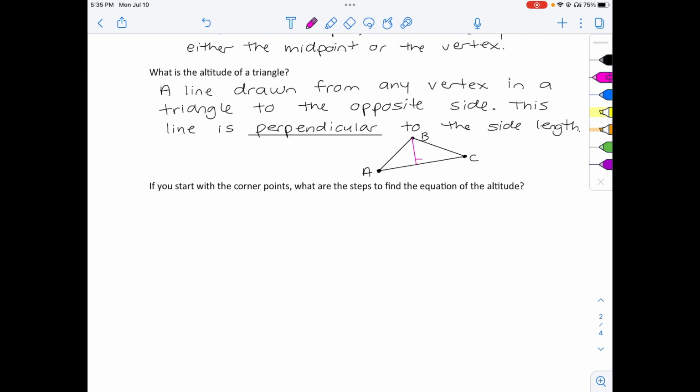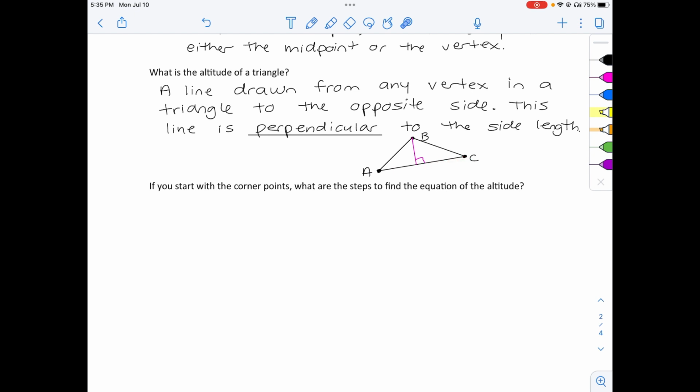If we were to kind of show here, this makes a 90-degree angle. You can kind of see, obviously my diagram is not super exact, but you can see that the distance between A and where this crosses is shorter than the distance from this point to C over here.